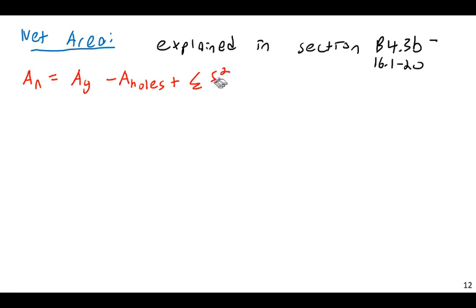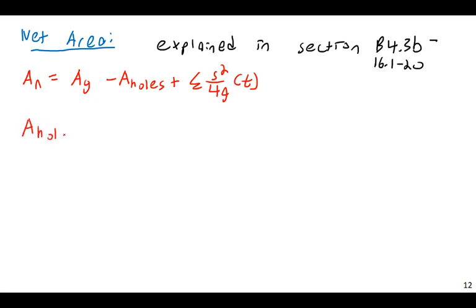It's basically a summation of these factors, S squared divided by 4G, times the thickness T. These are factors that relate to the geometry of the stagger of the holes. But the equation for the area of the holes gets a little bit tricky, so we need an equation for this as well.